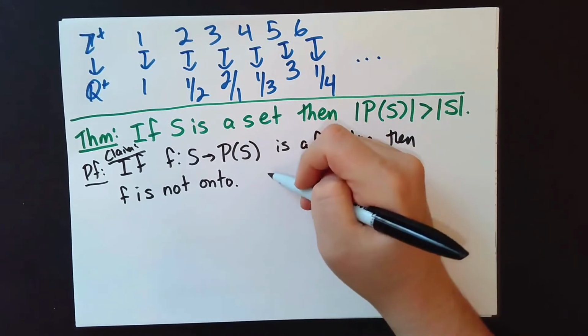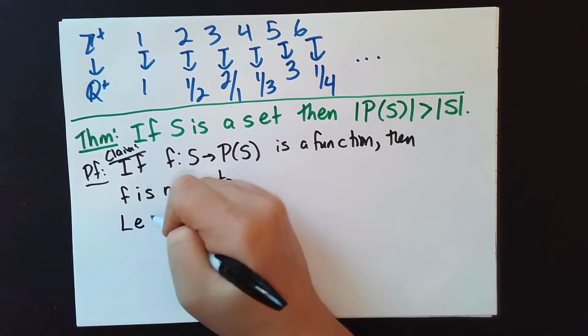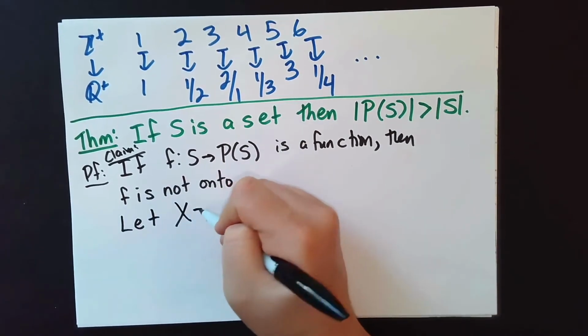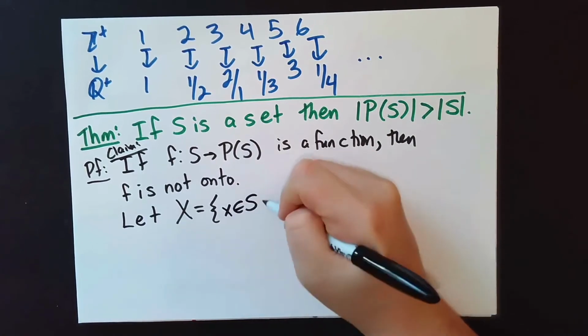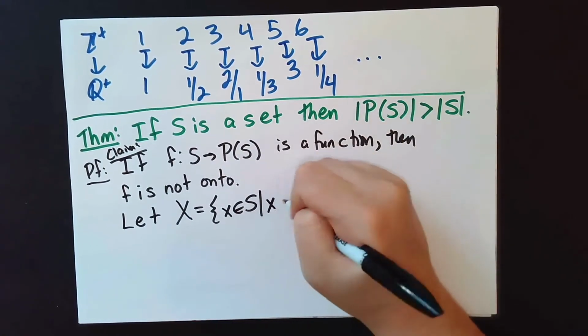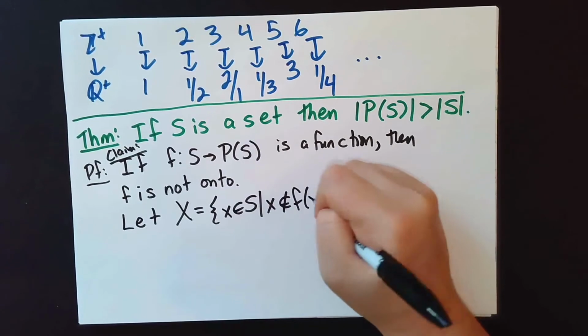So I'm going to define here a subset X of S. Namely, my subset X of S is going to be the set of x in S such that x is not an element of f of x.